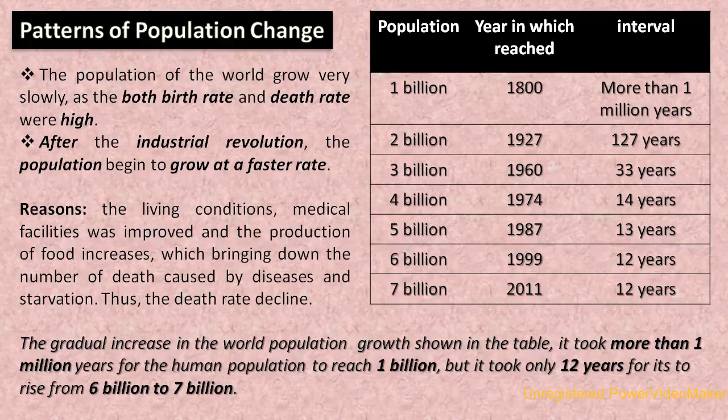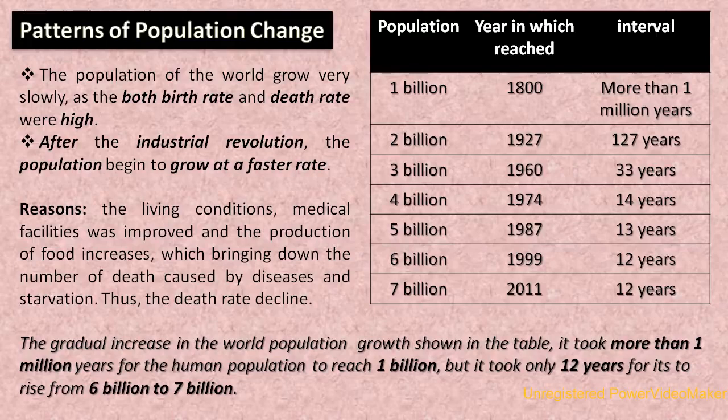All these things helped to reduce deaths, and the number of people in the world increased. For example, look at the right side of the screen, you will find a table.